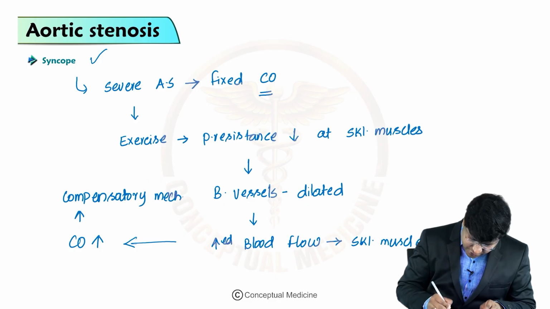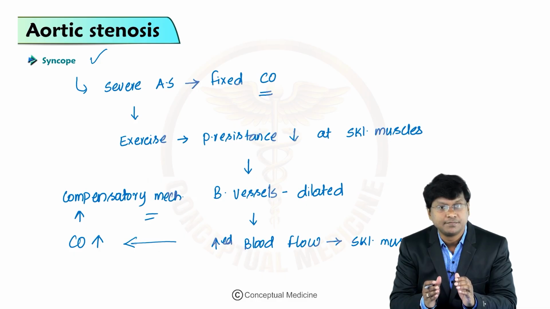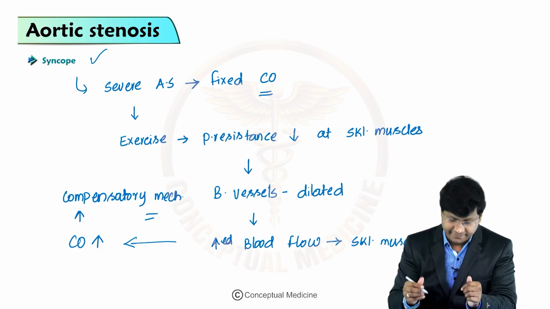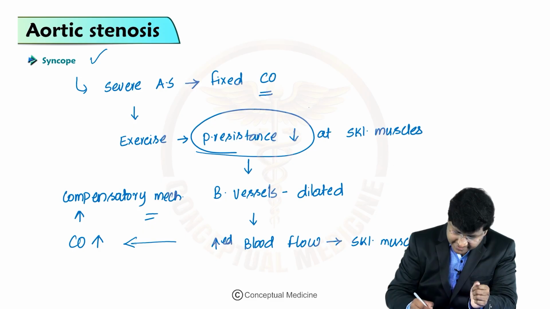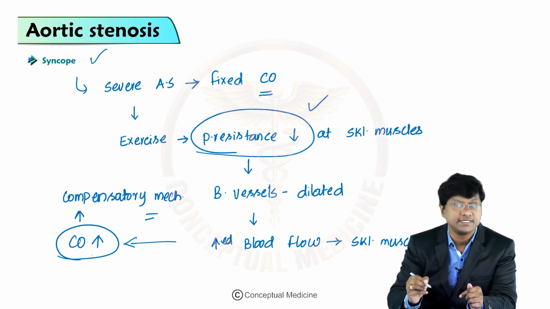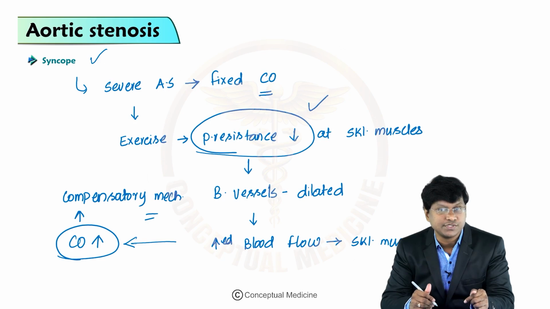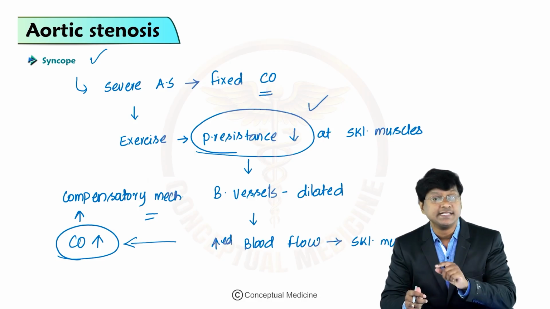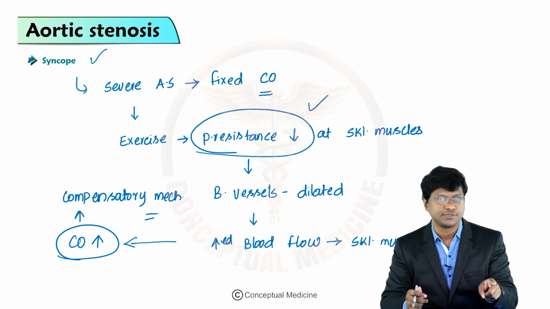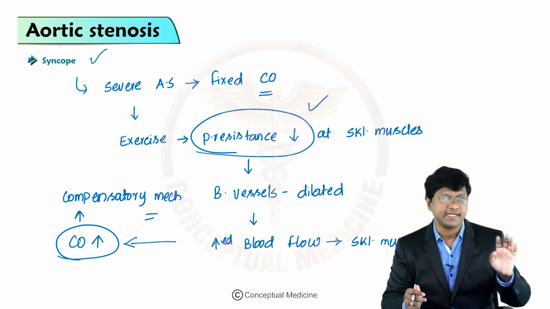In a normal individual, this decrease in peripheral resistance is normally compensated by an increase in cardiac output. But in patients with severe aortic stenosis, what will happen? They cannot increase their cardiac output. So the blood pressure falls and syncopal attack occurs.